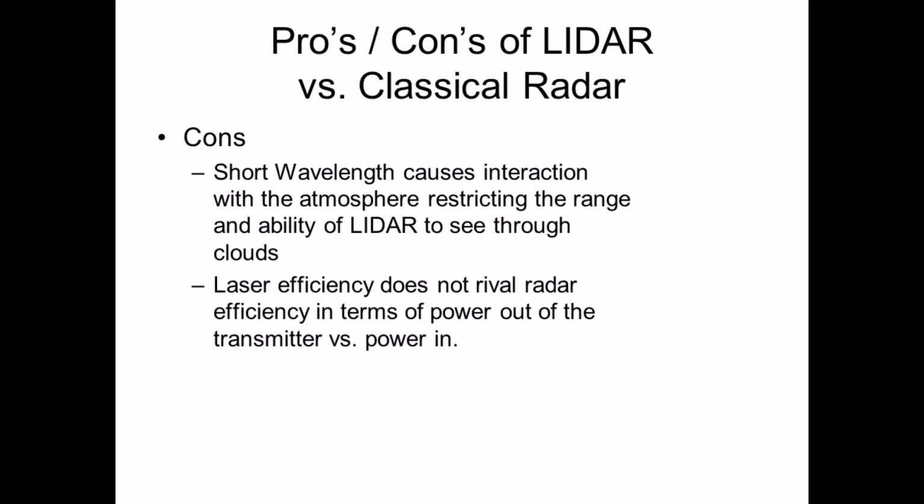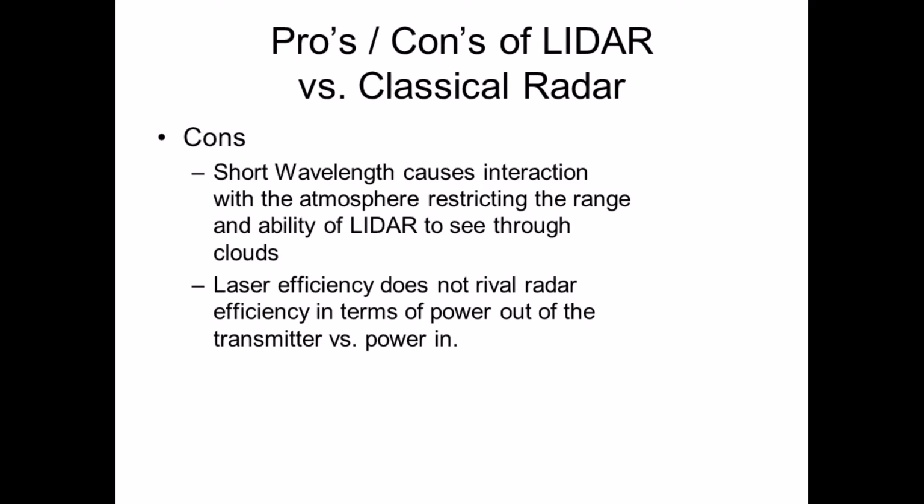But if you want to look through the atmosphere to see more non-atmospheric targets, or targets that are made by man, for example, and aren't just in the air, then the fact that the air can obscure signals by absorbing them or reflecting them makes LiDAR not as attractive as radar, which goes right through the air and, of course, then bounces off planes or tanks or whatever it is you're trying to see.